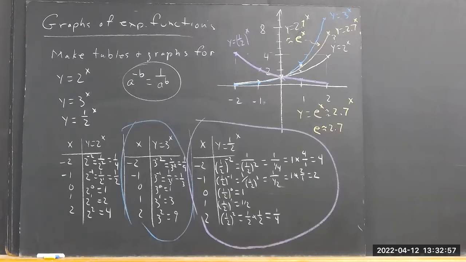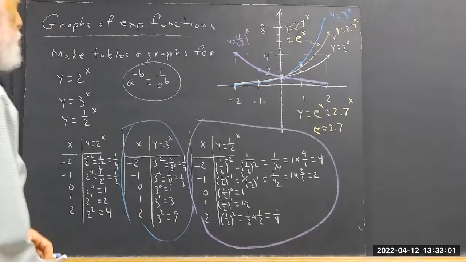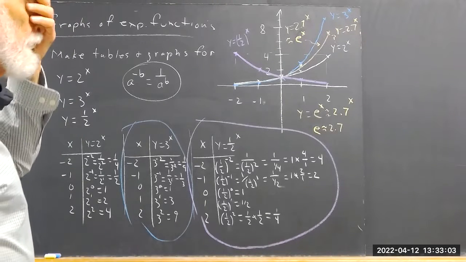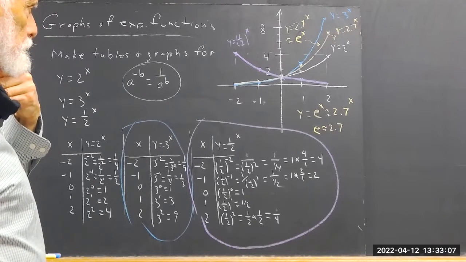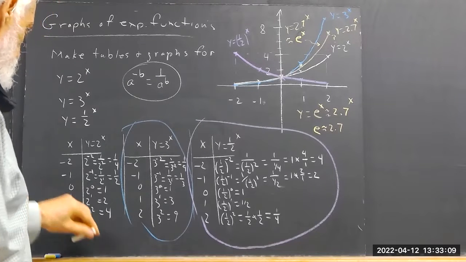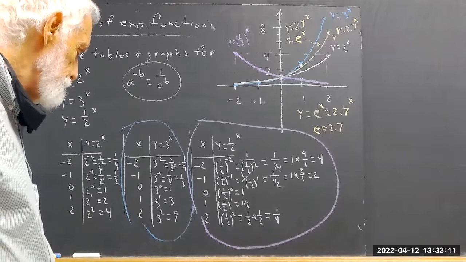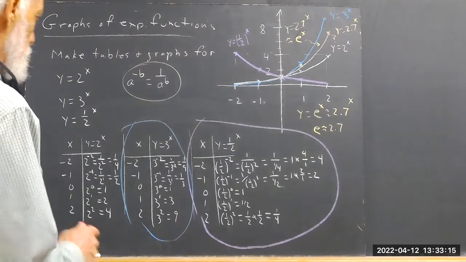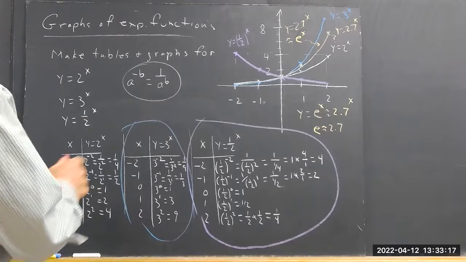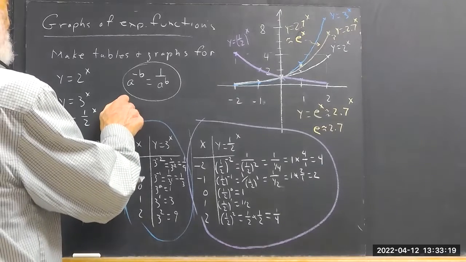Okay, now, we can kind of generalize what we see here. Like, let's do one more graph. What would the graph of y equals 1 to the x look like?